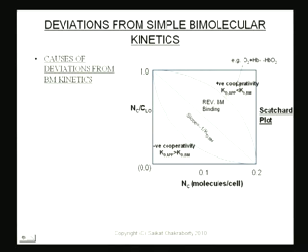So, what we want to study is, as I said, what we did in the last class was a simplistic case of simple bimolecular kinetics. And if you have simple bimolecular kinetics, as I showed, the slope is simply going to be minus 1 over Kd, and the intercept is going to be nRT over Kd, and you can evaluate Kd and nRT. But if it's positive or negative cooperativity, then what happens?